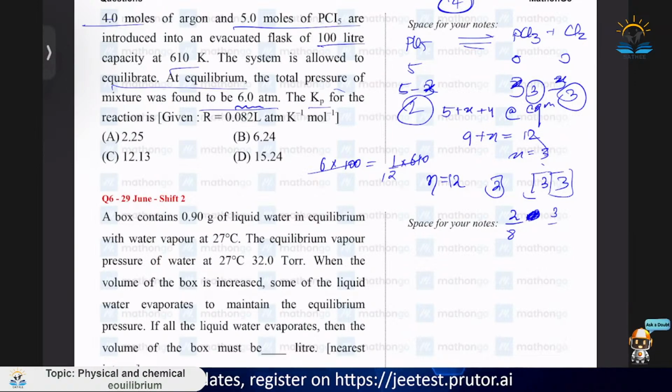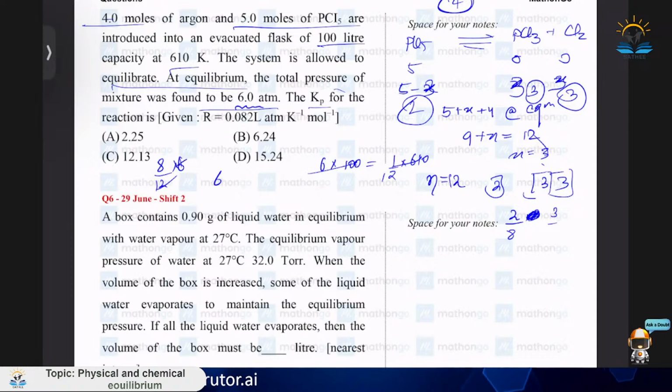Out of 6 atm, how much is the equilibrium mixture? It will be like 8 moles out of 12 moles, right? So 8 by 12 into 6. So 4 atm. So total pressure is 4 atm.